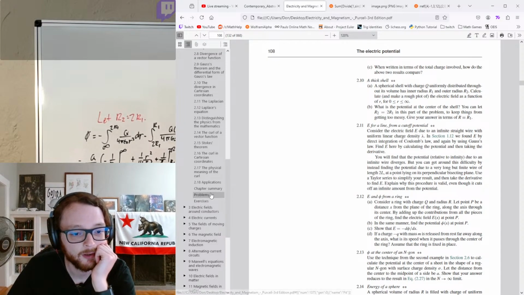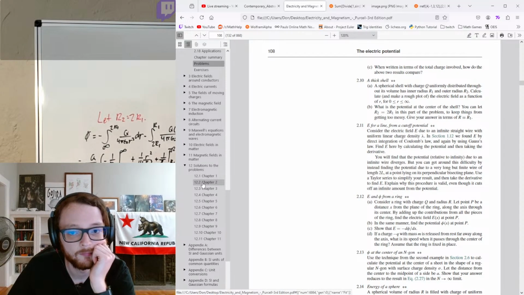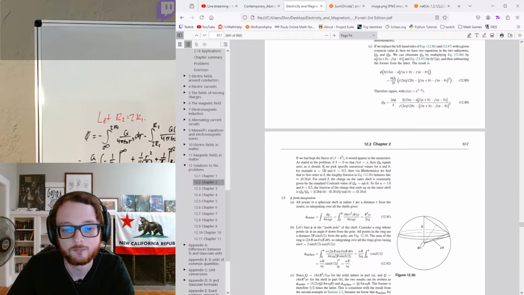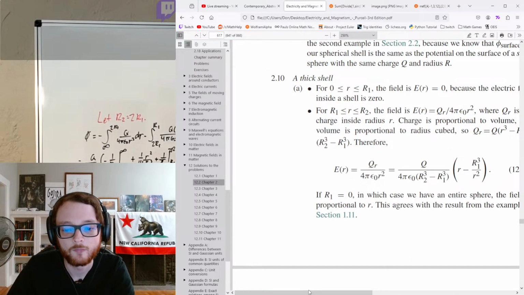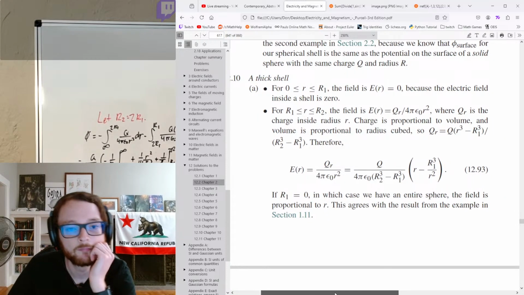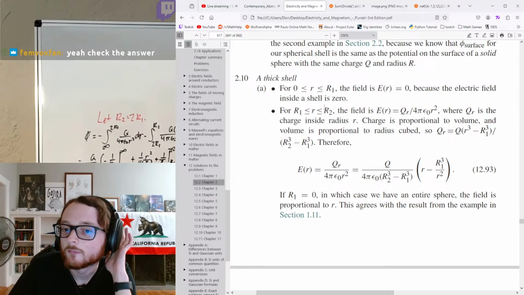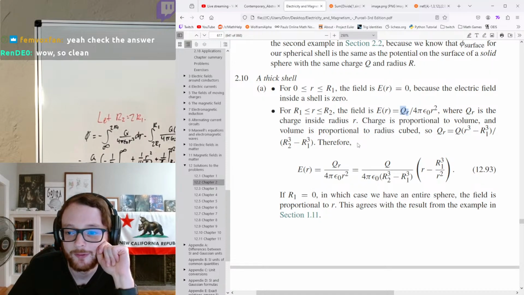Let's see if the book agrees, I guess. Number 10. Okay, inside is 0. Well, that feels like a cop-out, but sure. Okay, and they do calculate what Q sub R is. Good. And I get the same.